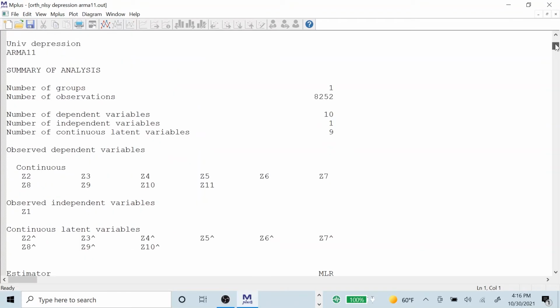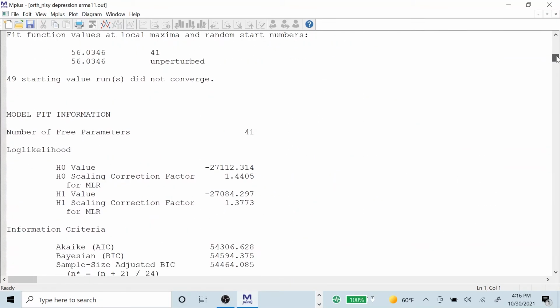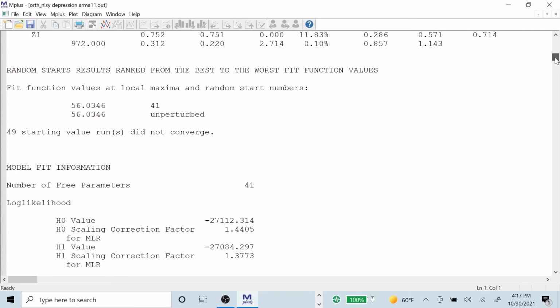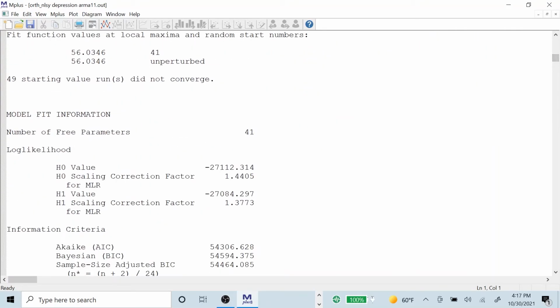Anyway, so this model then, 50 starting values, 49 did not converge. So you may want to use starts equals 100 here, but at least those two show replication of the best log likelihood. This is in the scale of the log likelihood, taking the scaling correction factor into account.